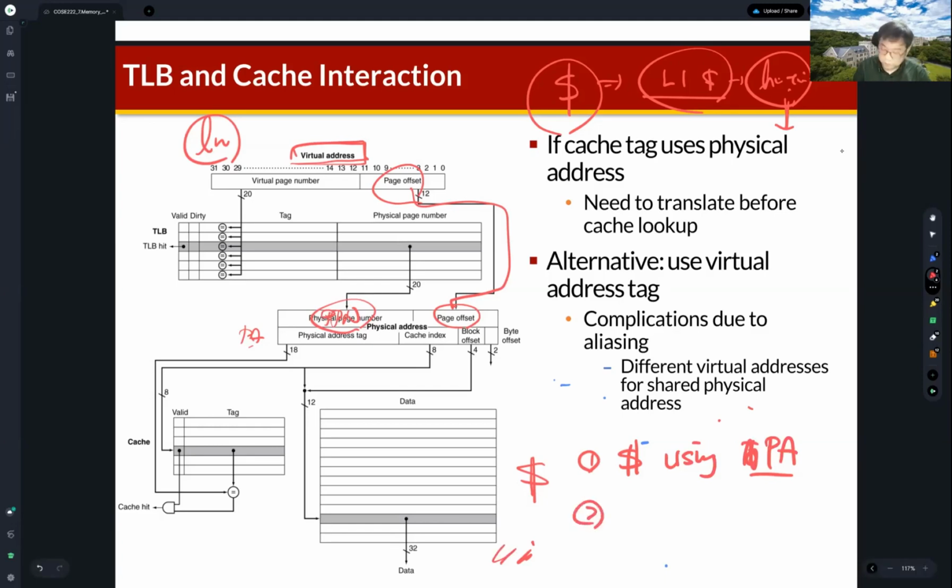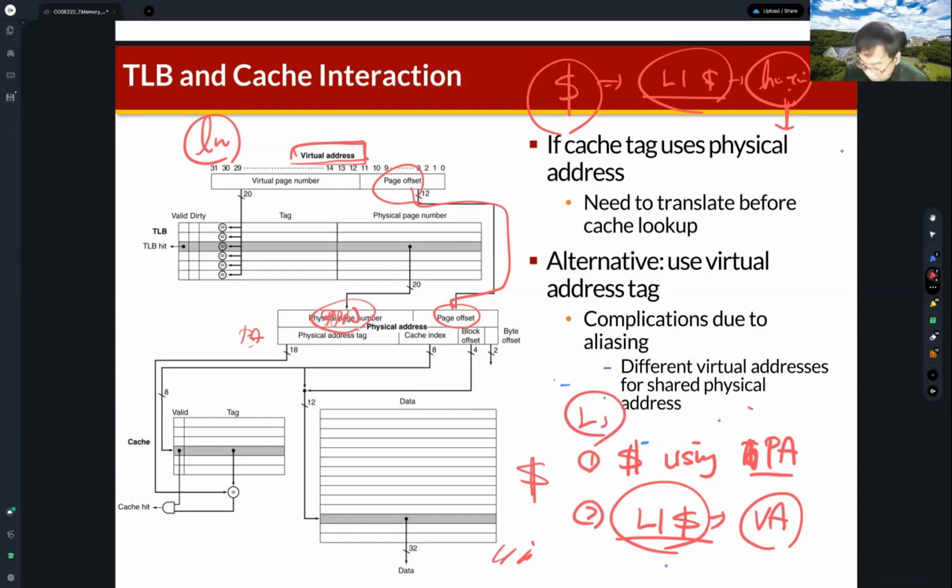But because of the performance issue, the L1 cache can be accessed by virtual address. In order to reduce the latency for accessing the L1 cache, we can hide the latency of the TLB when we access the L2 cache.